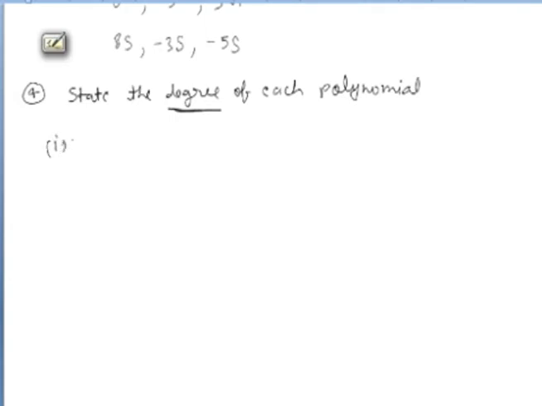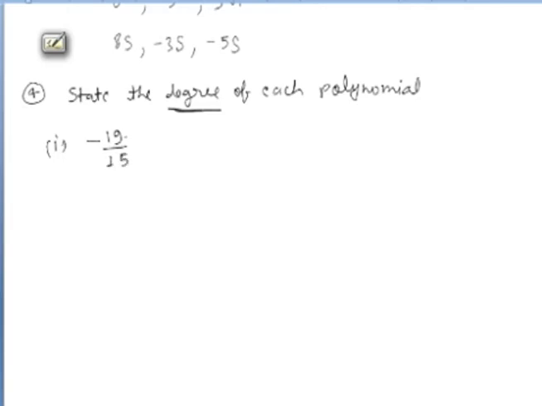In this question, state the degree of each polynomial. Okay, and we know what degrees are. So the first question is minus 19 upon 15.